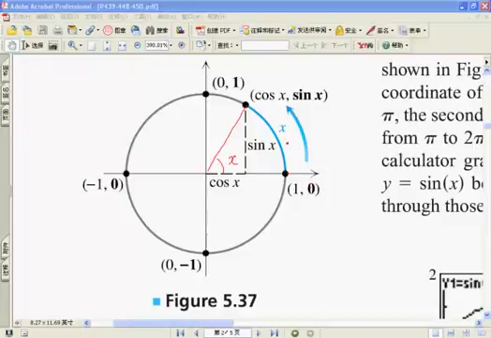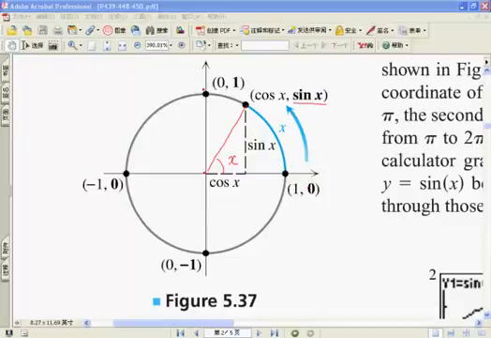Then as x increases from 0 to half pi, the y value of this point, sine x, just increases from 0 to 1. If you move this point from here to here, the corresponding angle just changes from 0 to half pi. So from 0 to half pi, sine x increases from 0 to 1.